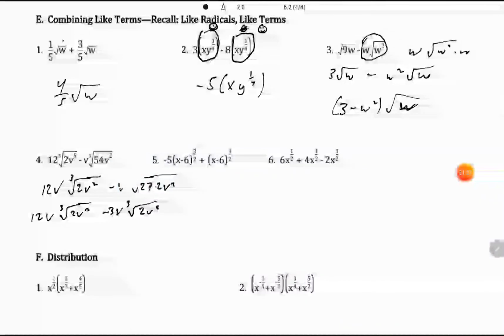Oh, jeez. So this is not v cubed. This is v cube root. And that's something you guys definitely got to watch out for. I read this as v cubed to the cube root instead of just v to the cube root. So I have 12v minus 3v. So 12v apples minus 3v apples is 9v apples. Okay.